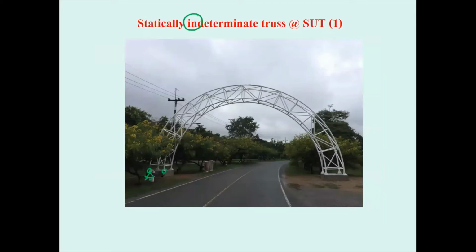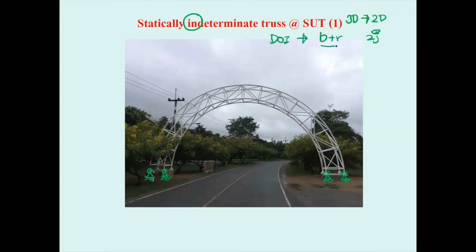It has 4 pins at the support. You can reduce this truss from the 3-dimensional truss to the 2-dimensional truss, and it's going to be the arch truss. And you can check the degree of indeterminacy of this truss by checking of what?